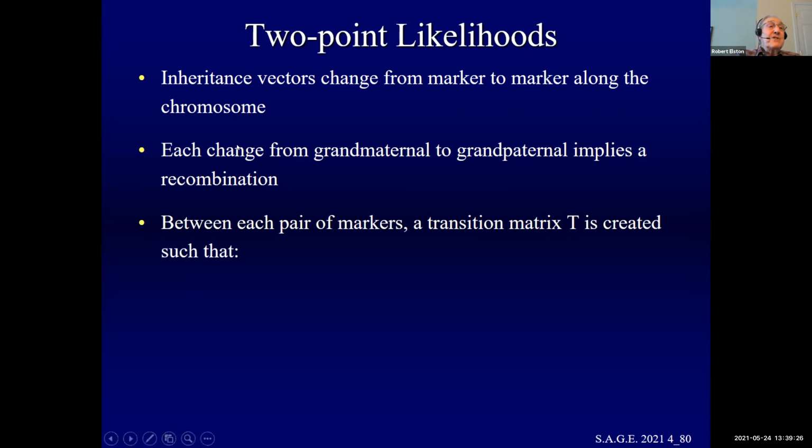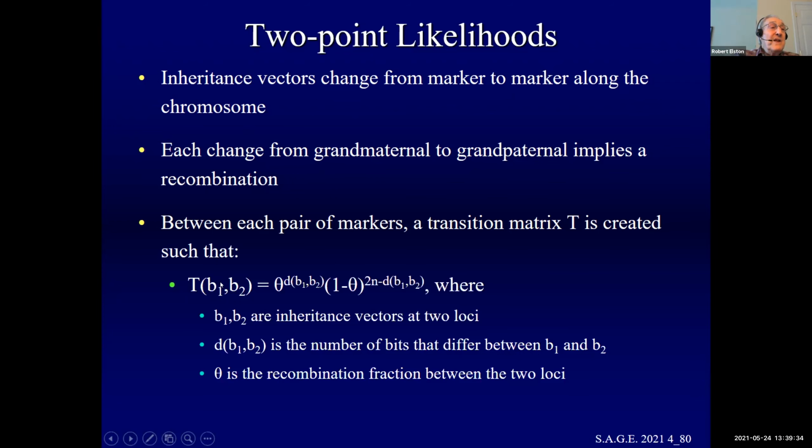Between each pair of markers, a transition matrix T is created, such that this T is the recombination fraction, theta, to the power of the number of bits that differ between B1 and B2, times 1 minus theta to the power of 2n minus this, because there are 2n bits all told.